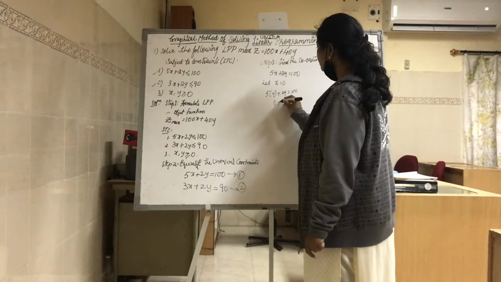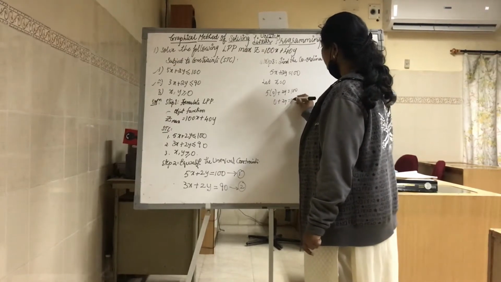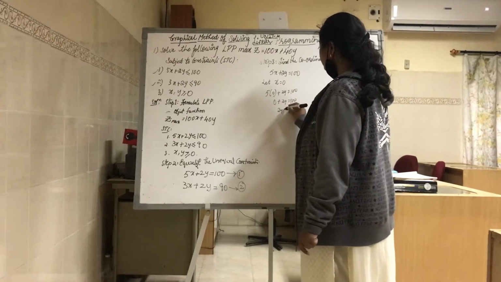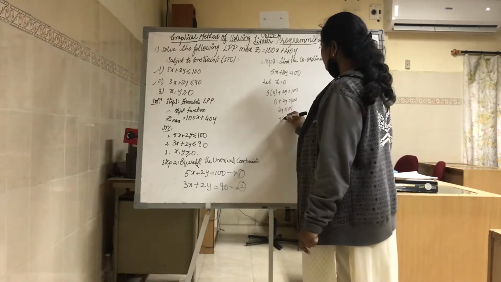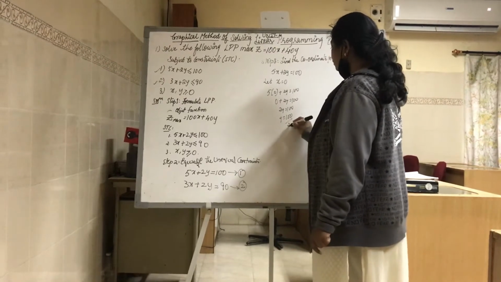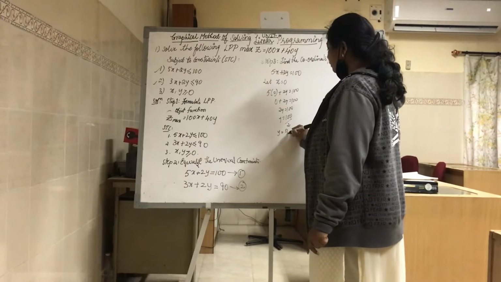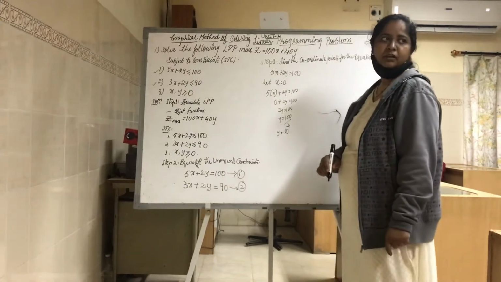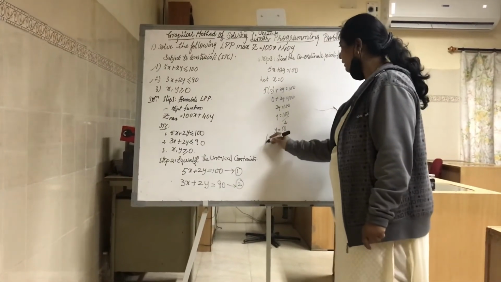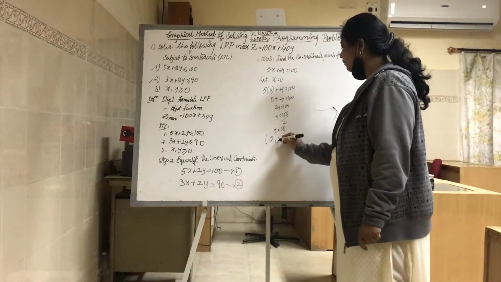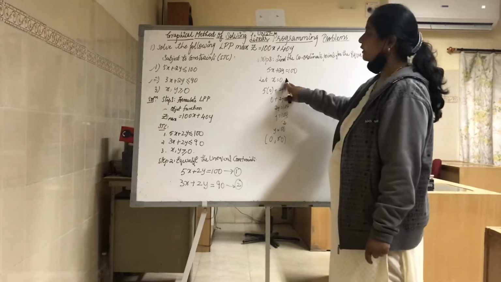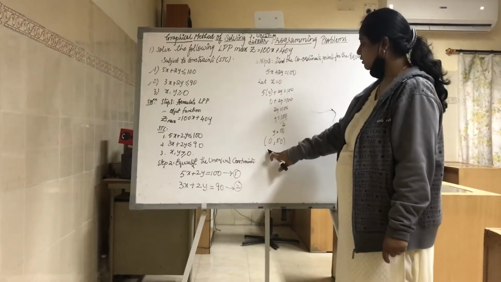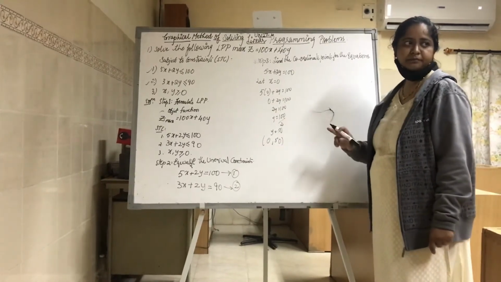So this becomes 0 plus 2y is equal to 100. So 2y is equal to 100, y is equal to 100 by 2. So y is equal to 50. So you will write it as 0 comma 50, since the x value is 0.